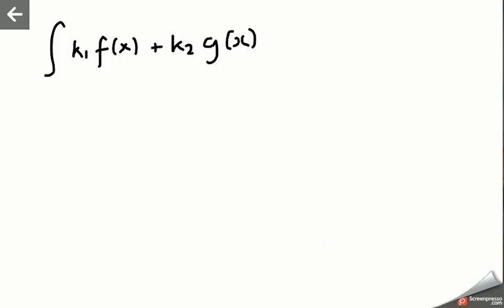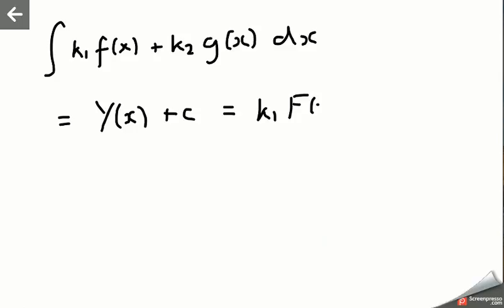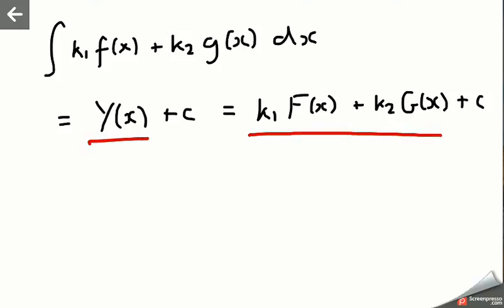Therefore, the antiderivative of k1 times little f of x plus k2 times little g of x with respect to x must be equal to big Y of x plus a constant, which is equal to k1 times big F of x plus k2 times big G of x plus a constant, because big Y of x was equal to k1 times big F of x plus k2 times big G of x. All right, we're nearly done.